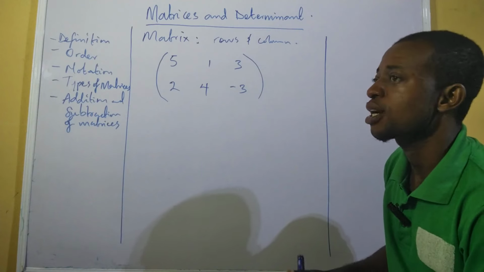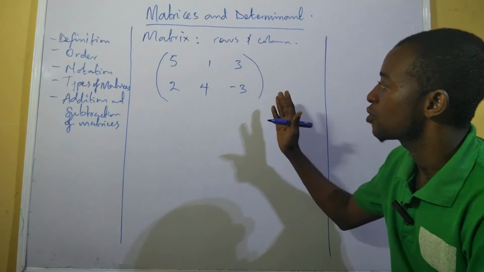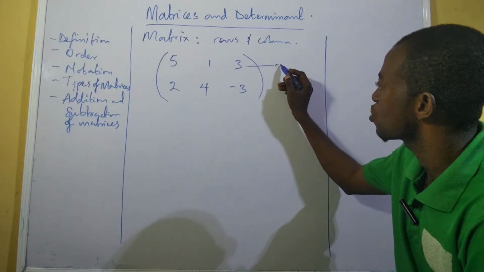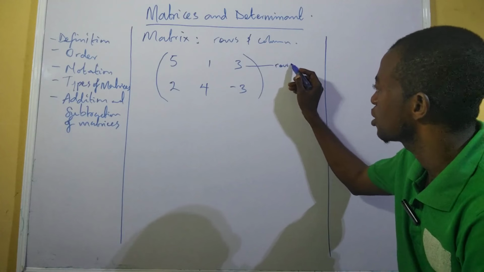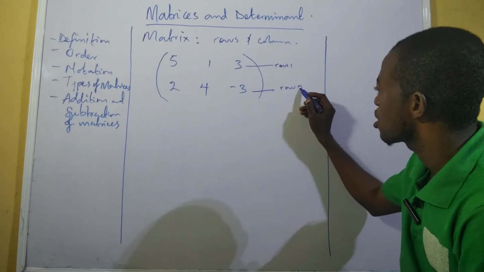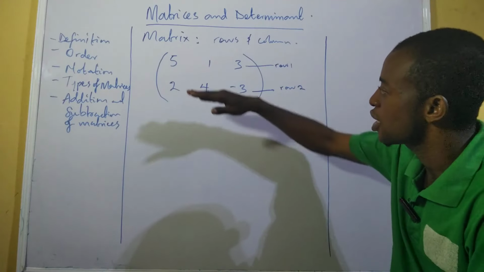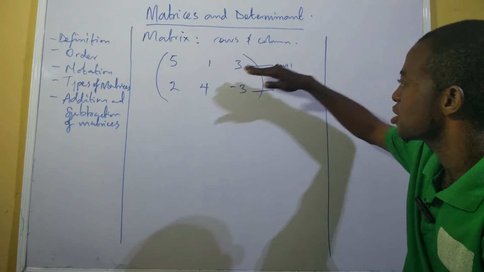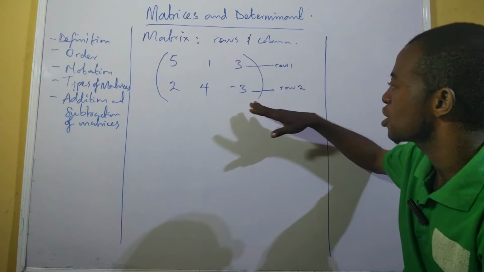The example we have here has two rows. This is the first row, row 1, and here we have row 2. The rows are the horizontal arrangement. So 5 1 3 here is row 1, and 2 4 minus 3 is row 2.